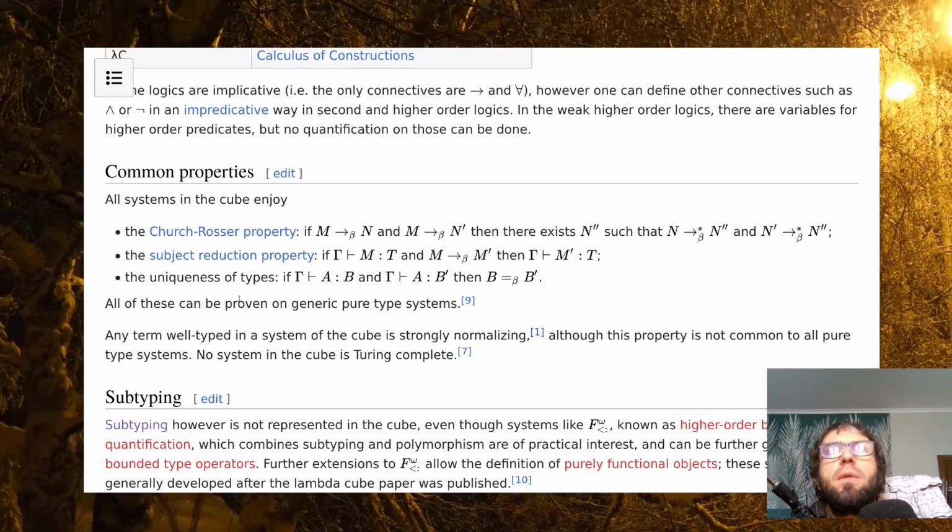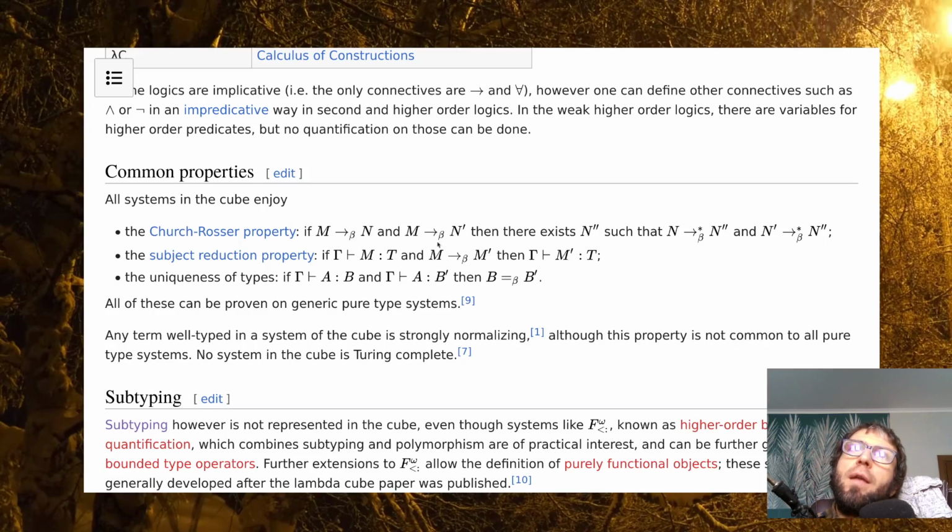All the systems in the lambda cube have three properties. The first property is the Church-Rosser property. It says that if we have some term that can be beta-reduced to some term n, and also by some other path of beta reduction it can be reduced to another term n prime, then there exists some final term to which both n and n prime can be reduced.